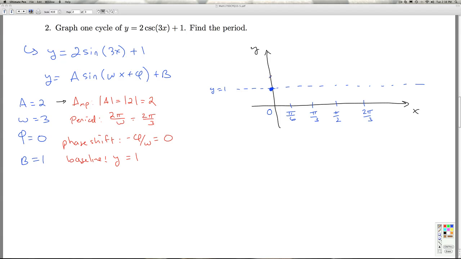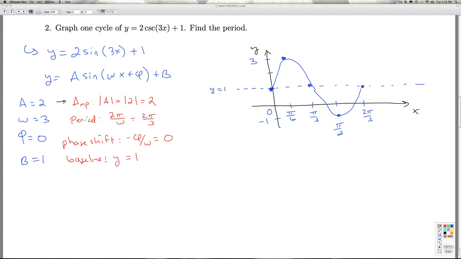A is positive, so I move 2 units up, so up to 3. Then back to the baseline. Then down to negative 1 at pi over 2. Then back to the baseline. And this would be my sine curve.